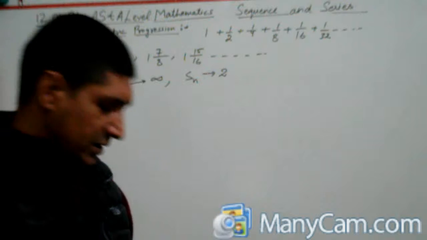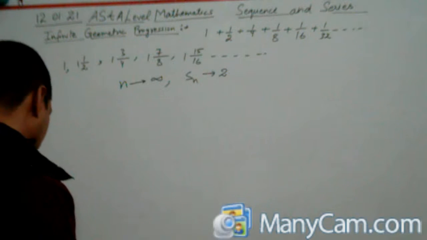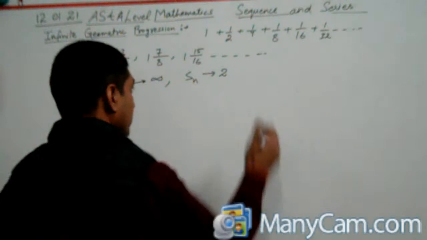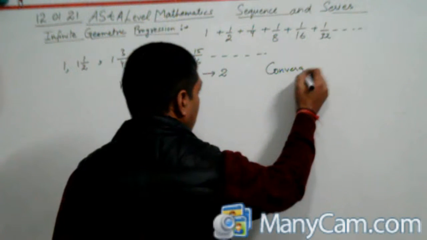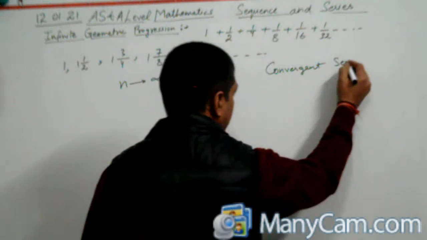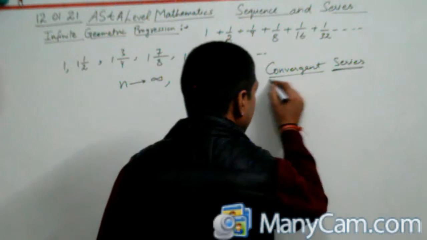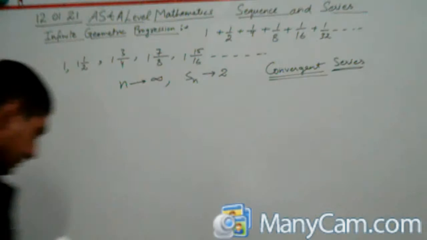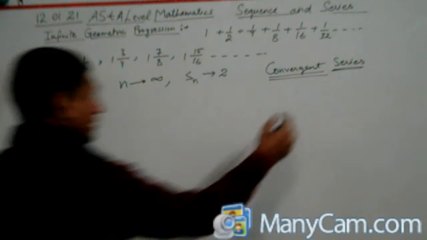So both these examples are examples of convergent series, right? Convergent series. So the sum to infinity is a finite number. What are convergent series?